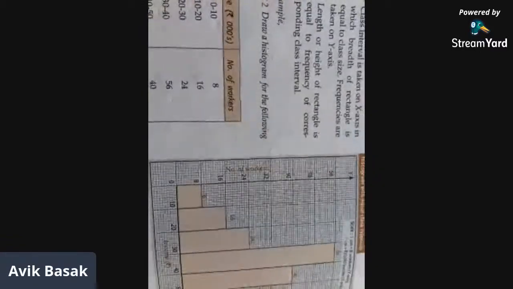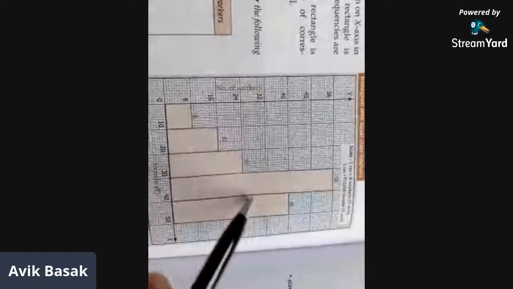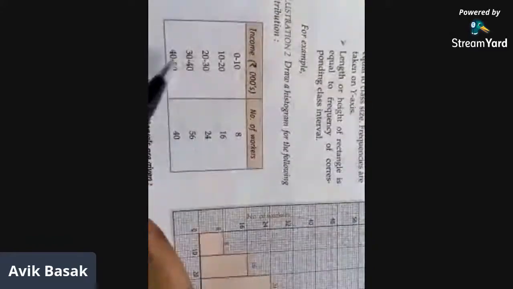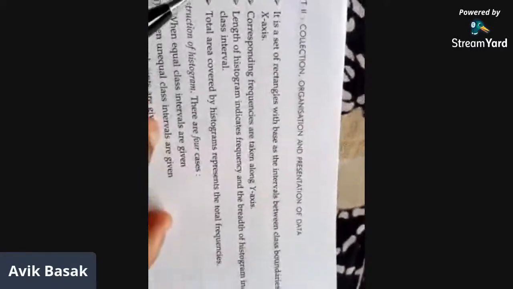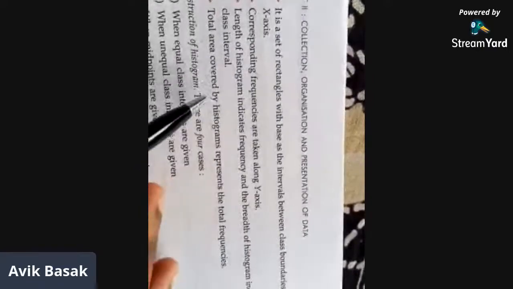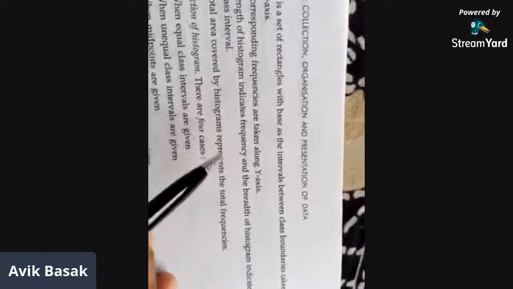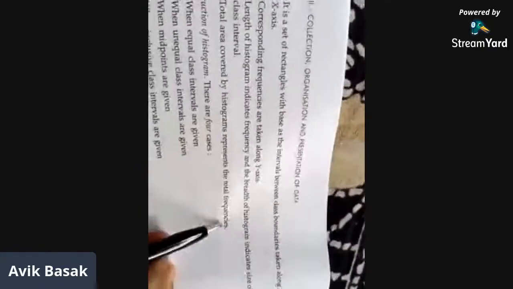Length of the histogram depends on the extent of frequencies. And the breadth of histograms is decided by the class boundaries or class interval, how they are given to you. Then, total area covered by the histogram represents the total frequency.